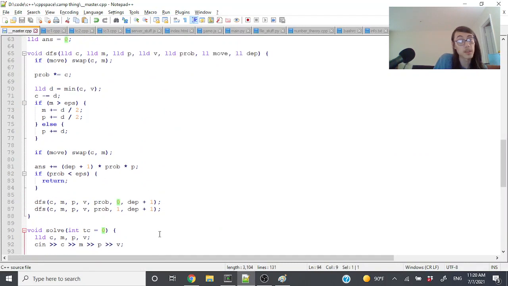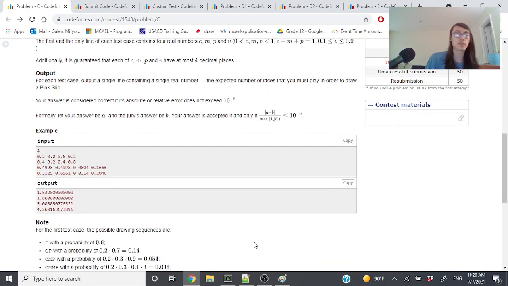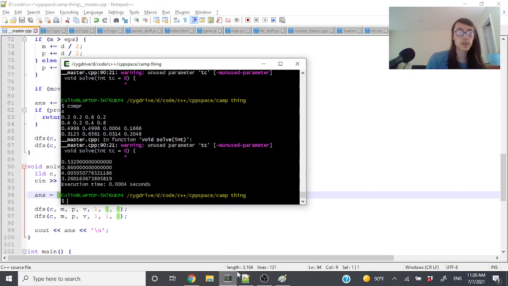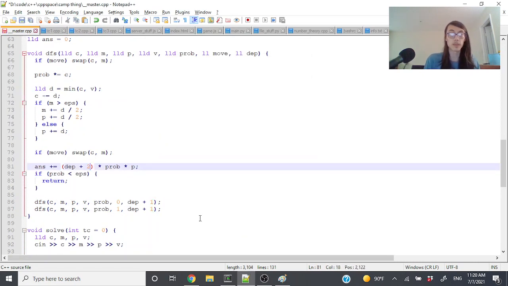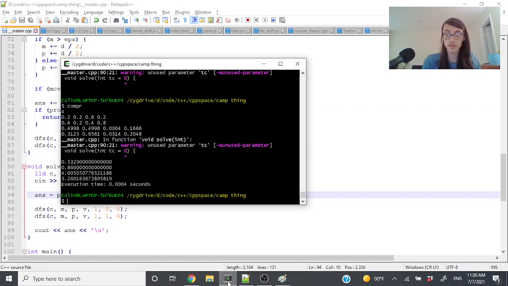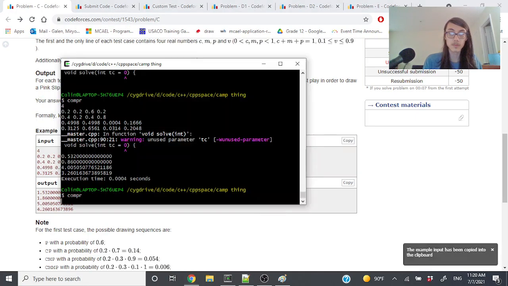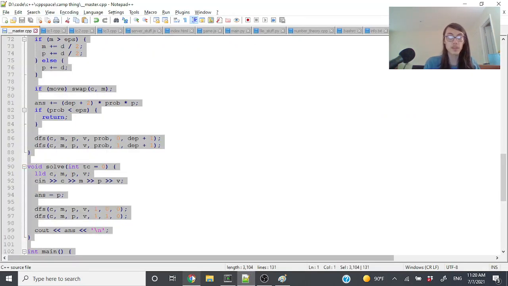See, I'm also missing this case. This is the probability. With probability P, we do nothing. Now this should be depth plus 2. And answer equals P here. Okay, now is this fast enough?